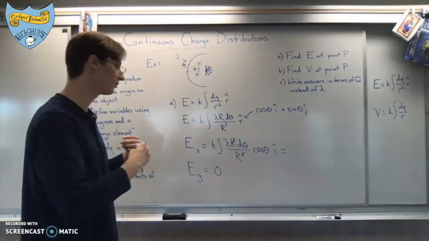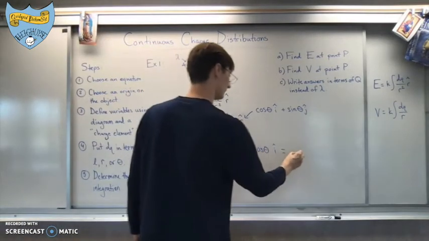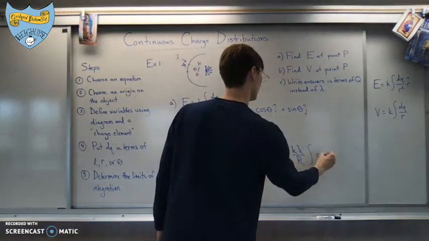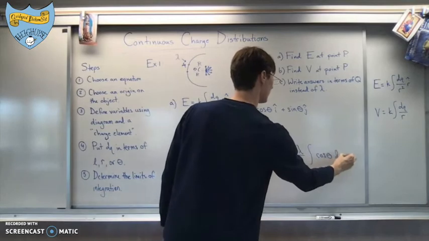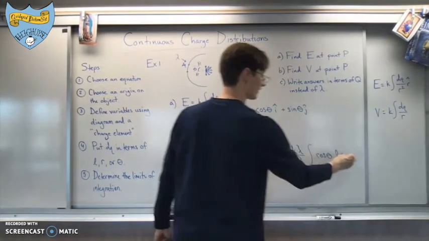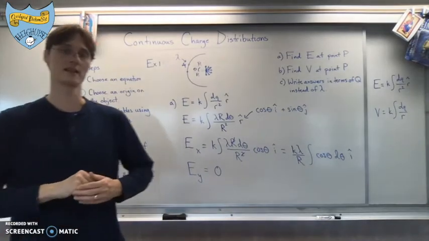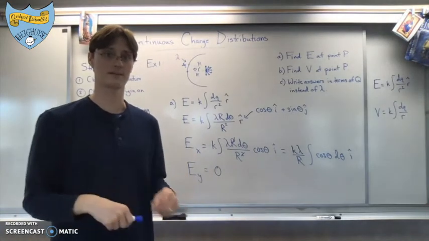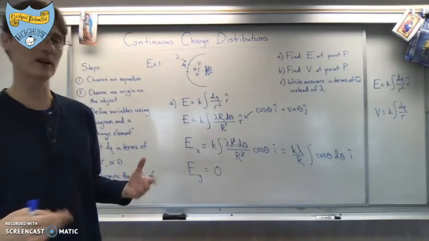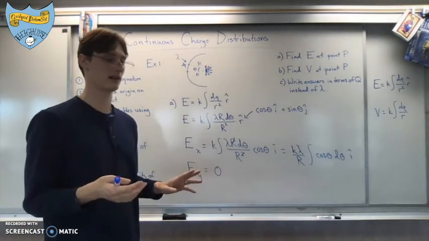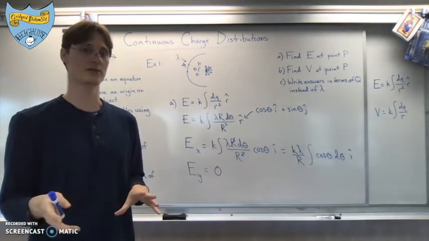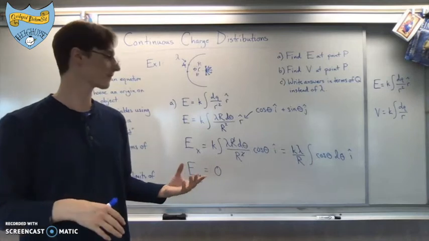I can go ahead and pull them out of my integral. And what I will see I have is cosine theta d theta. So all you're really doing then is integrating cosine. And that's an integral that you probably ought to be familiar with. Even if you haven't done it in calculus class, we've done it in this class before.